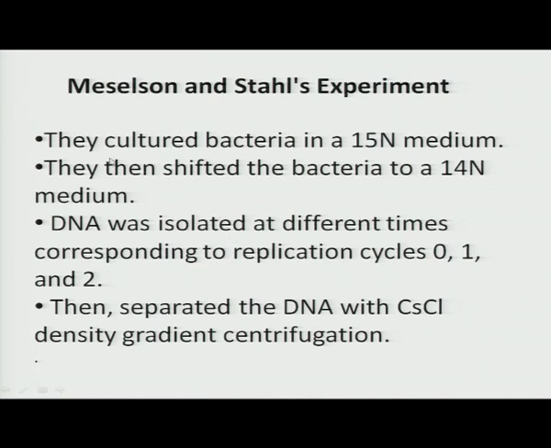What they did is they cultured bacteria in N15 media. As we know, normally all the DNA has N14 in their nitrogenous bases. They cultured the E. coli cells in N15 media, and N15 is a radioisotope of nitrogen having slightly greater density than that of N14.